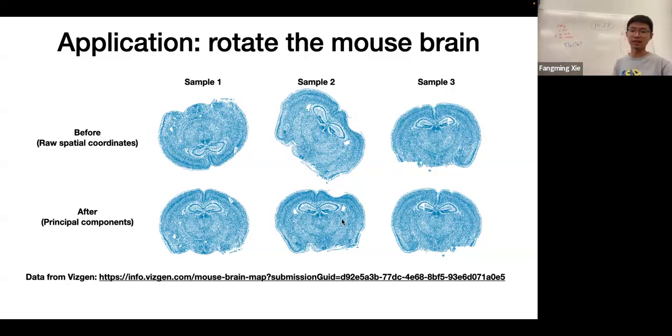If you have 2D data to begin with, it will send you back 2-dimensional data, but after a rotation. In this case, it will always find an axis along which the data has the most variation. So it turns out that in the normal position, along left to right, cells have the most variation, right? So if you apply PCA to all these brain slices tilted in different ways, their PCAs will always be something like this, more square like this.